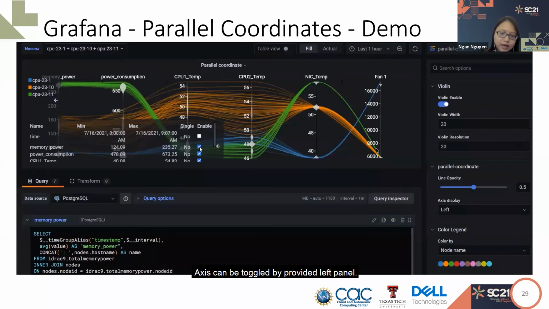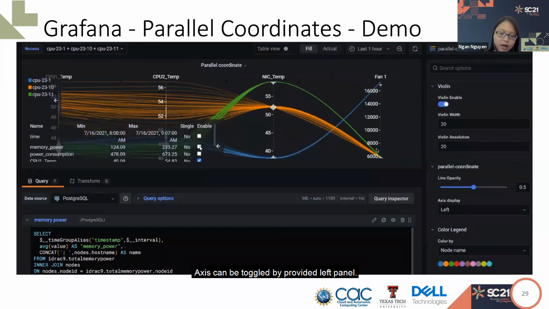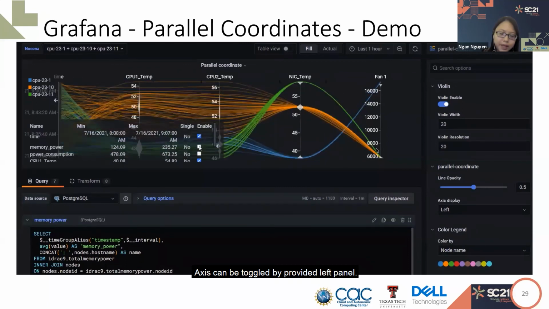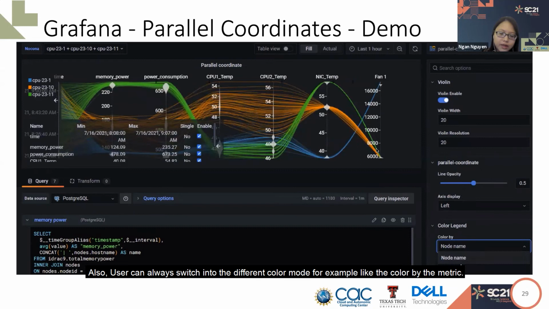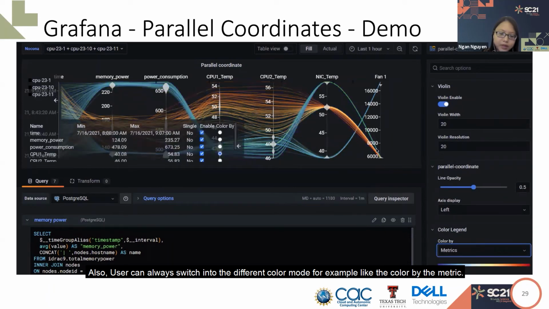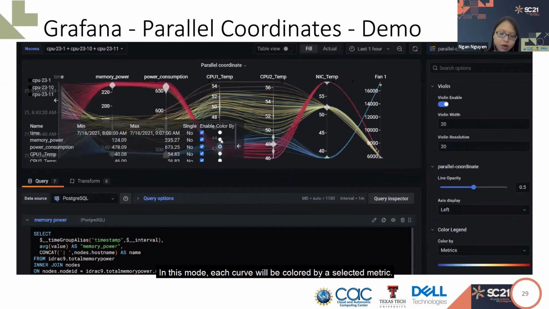The axes can be toggled through the left panel. Also, the user can always switch to a different color mode, for example, color by metric. In this mode, each curve will be colored by the selected metric.